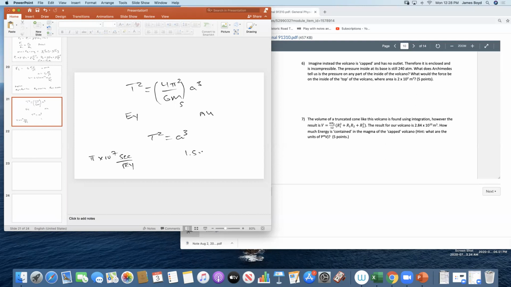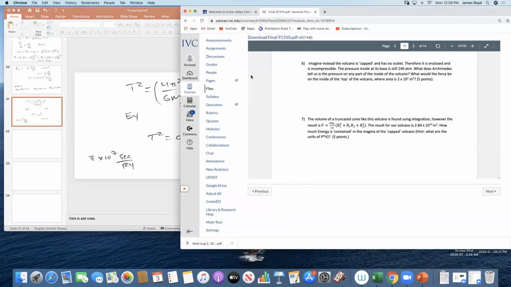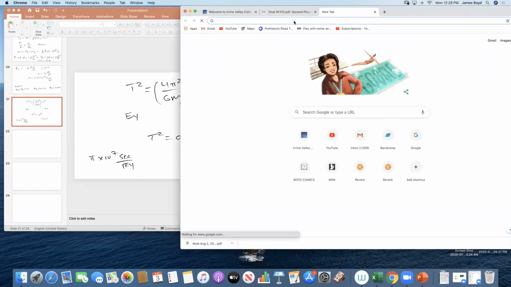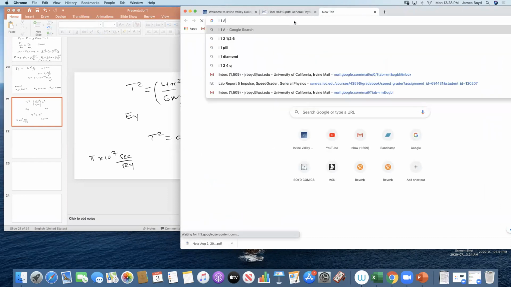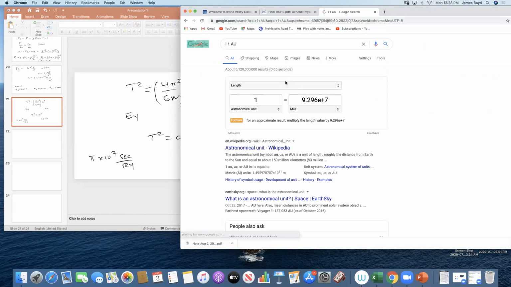And 1.5 times 10 to the, I keep forgetting this, I want to say it's 10 to the 11. I know I got it wrong the other day. I realized I was doing it wrong. I don't want miles, I want meters.